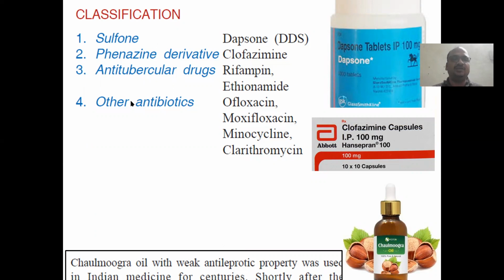Very important is the classification. If you see the classification, it is a very small classification. First one is the sulfones. Sulfone is nothing but sulfonamides. You know sulfonamides, cotrimoxazole, you can see all my old videos. It is the sulfonamide family only. Example is Dapsone, DDS, a wonderful drug.